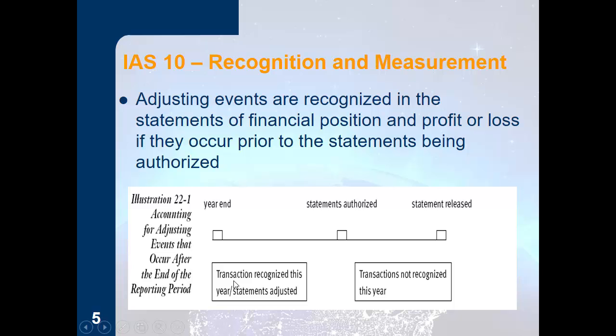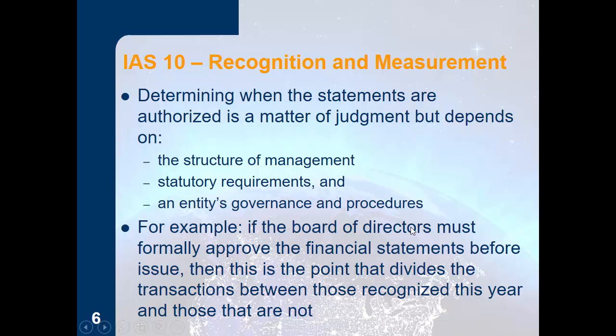We would actually make adjustments to those statements, even though the event occurred after the end of the year. If there is an event that occurs after when the statements are authorized, they are not recognized in the statements that ended at the end of this year, but they would be recognized in the following year's statements.